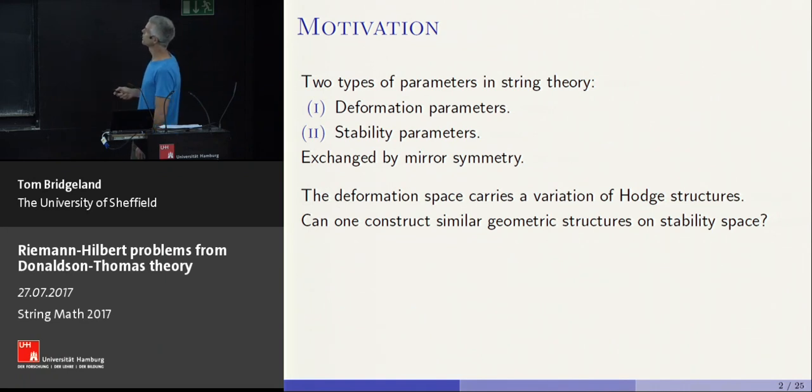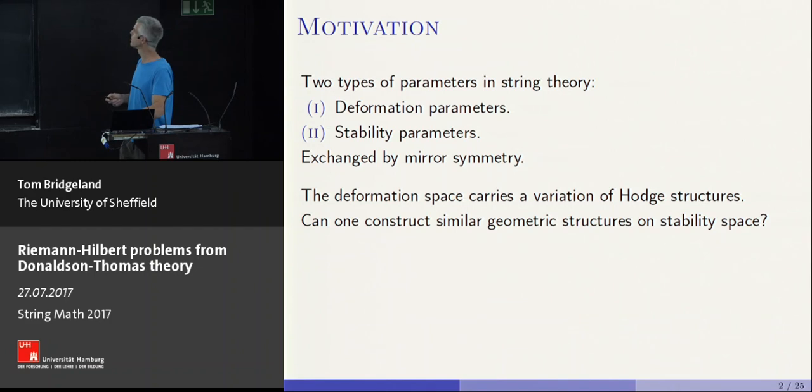But the question I'm wanting to ask here is, given that the deformation space also arises as a stability space on the opposite twist, you should expect that over the space of stability parameters, there are also natural variations of Hodge structure. And the question is, can we get at those? Can we define those directly?